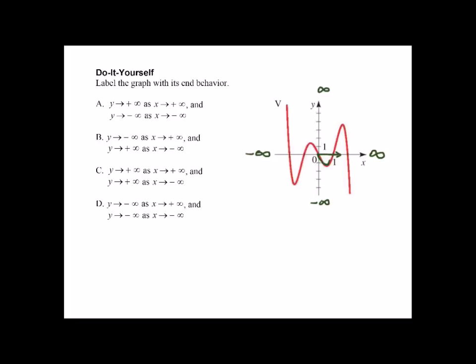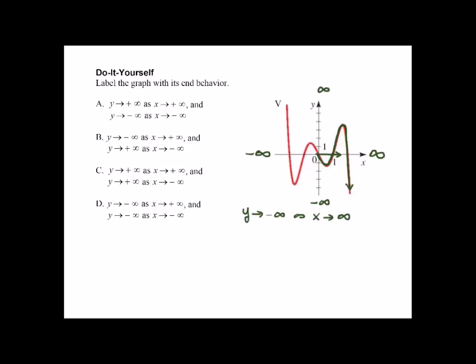It could go small, it could then get big in the positive direction, but eventually, this is what we mean by end behaviors, eventually it has to go in a certain pattern all the way towards either positive or negative infinity. So in this case, it actually gets smaller and smaller and smaller and never returns. So I would say that y goes to negative infinity as x goes to positive infinity.